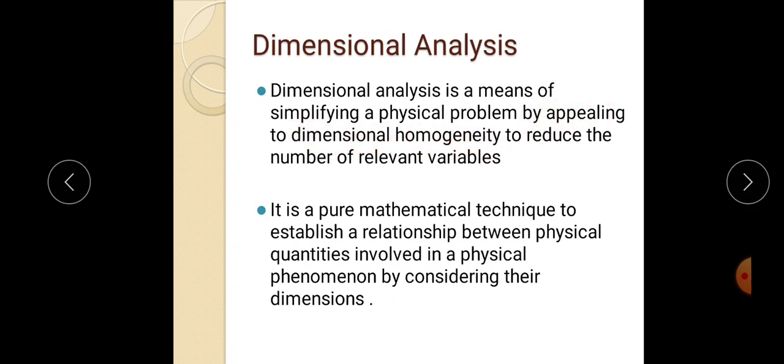As I told earlier also, we use the concept of dimensional homogeneity in dimensional analysis. So that is written here. Dimensional analysis is a means of simplifying a physical problem by appealing to dimensional homogeneity to reduce the number of relevant variables. Means with the help of dimensional homogeneity, we try to reduce the number of variables in any physical problem.